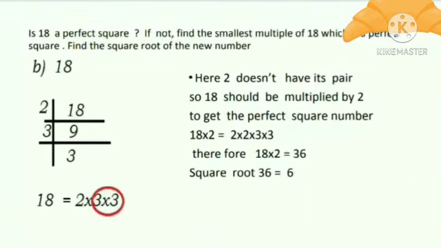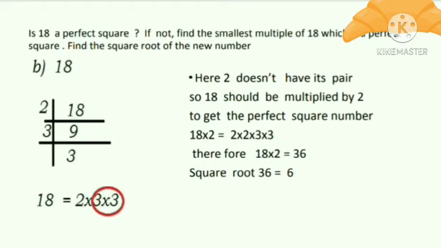Here we are going to solve some questions under perfect square and square root, right? Is 18 a perfect square? If not, find the smallest multiple of 18 which is a perfect square. Find the square root of the new number. 18.